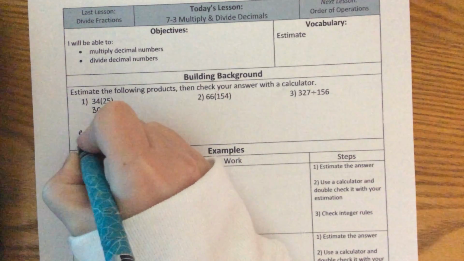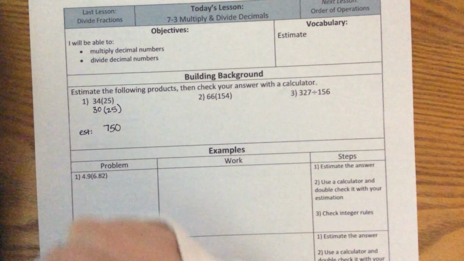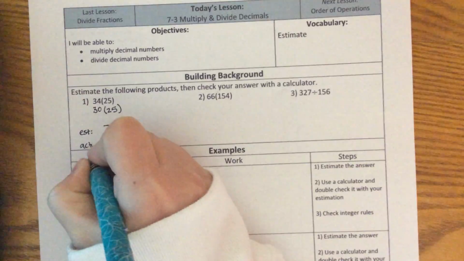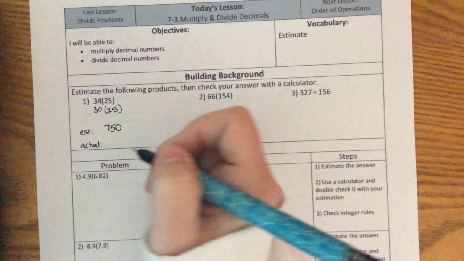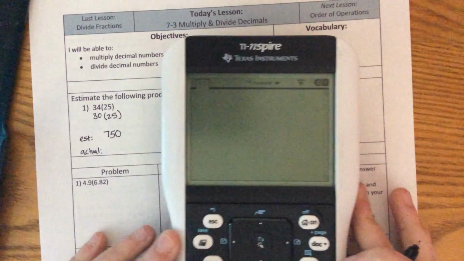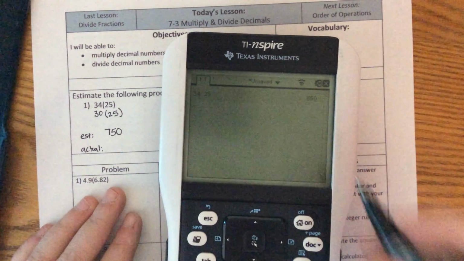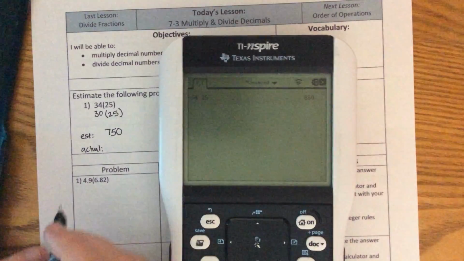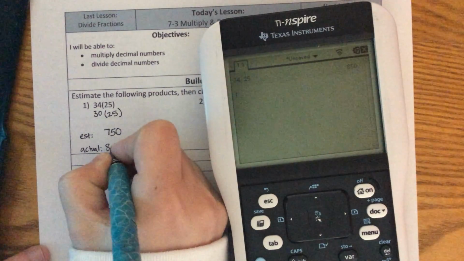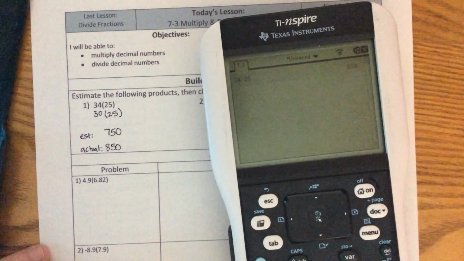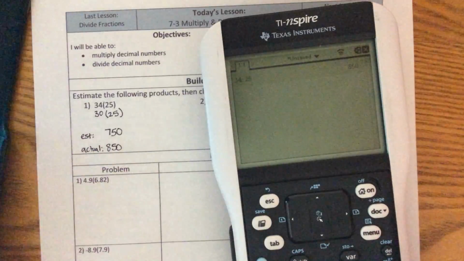So that's my estimation. Okay, and then the actual answer, if I use a calculator, if I do 34 times 25, I get 850. So it's off by about 100, but that wasn't that bad. It's pretty close. It's around the right idea.